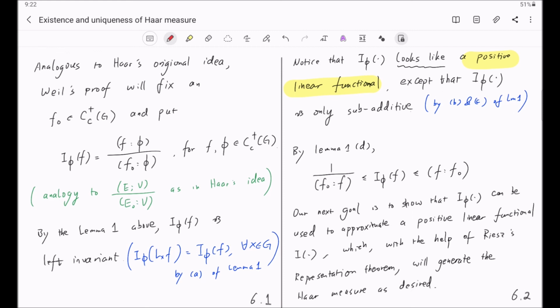And this is the core idea in Weil's proof of the existence of Haar measures, which is essentially a generalization or analogy to Haar's original idea of using sets. And now we're going to carry out this idea carefully.